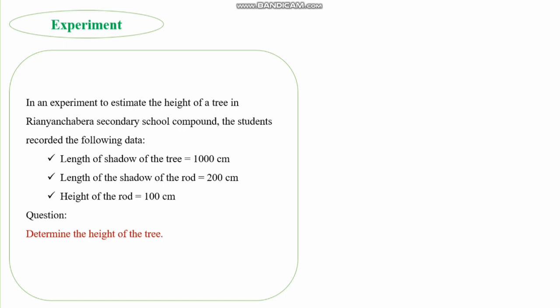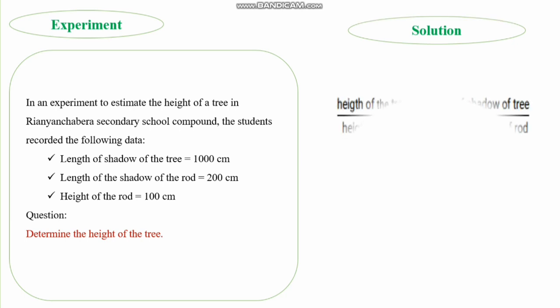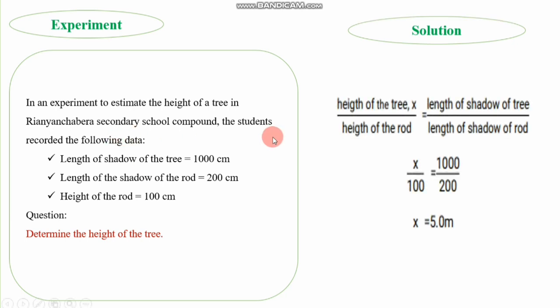Now the students were in the process of calculating the height of the tree. Remember, the height of the tree is the unknown in this case. So we use the formula that we applied initially. The height of the tree, which is unknown, is represented as x in this case, divided by the height of the rod, will be equal to the length of the shadow of the tree divided by the length of the shadow of the rod.